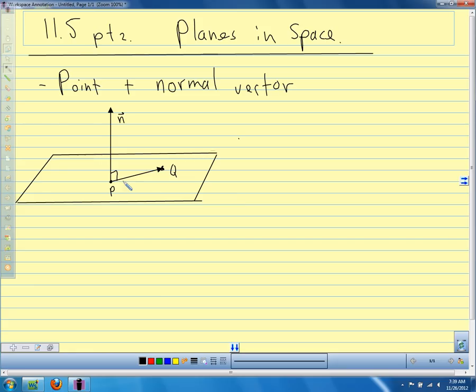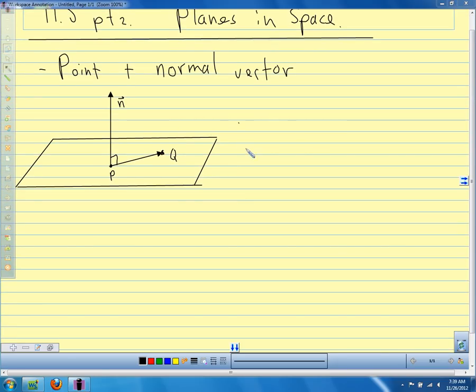So we have our plane. The plane contains P, and we'll call point P x1, y1, z1, some specific point.